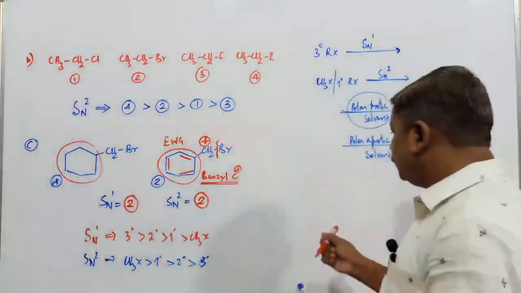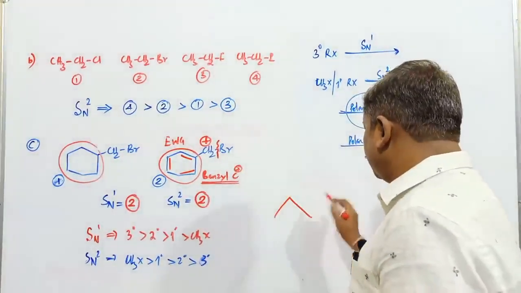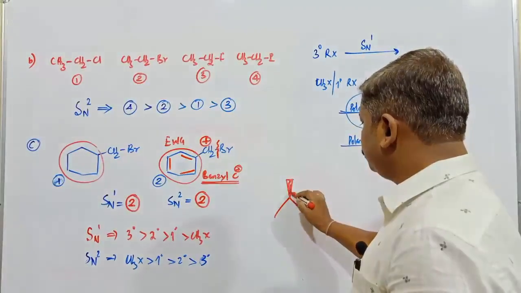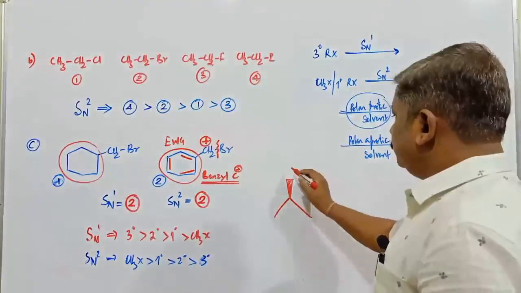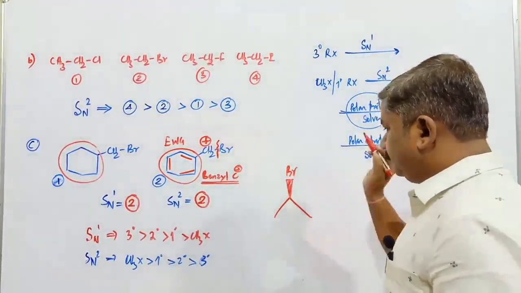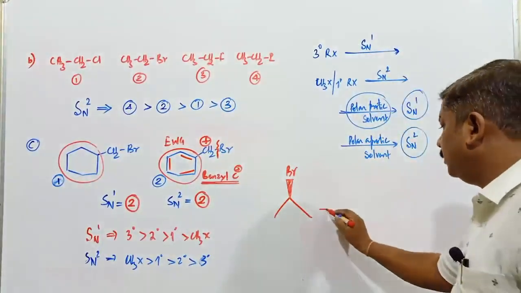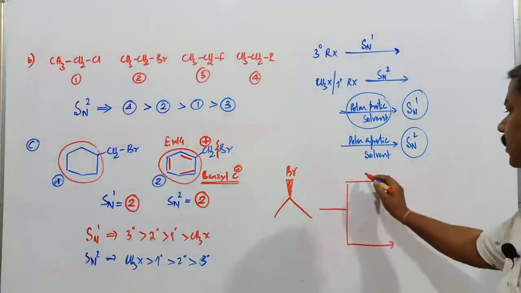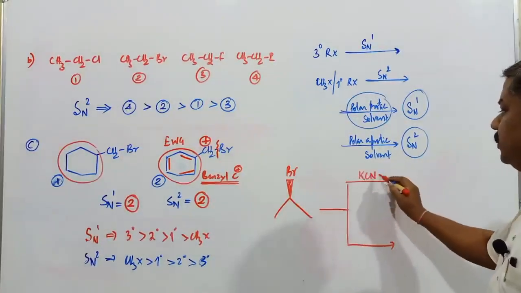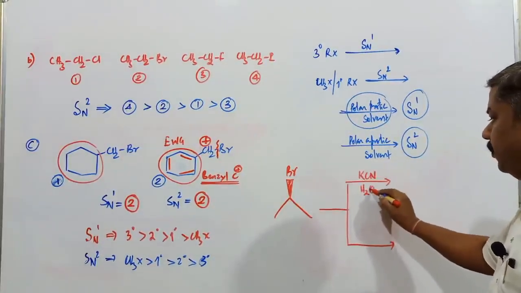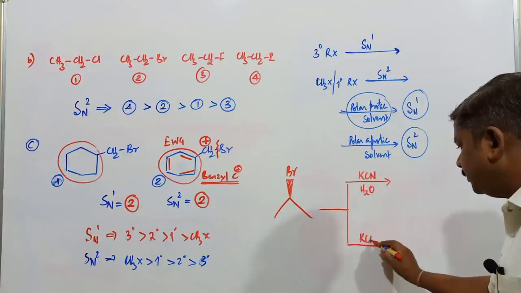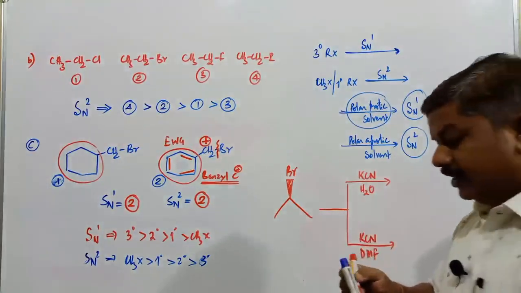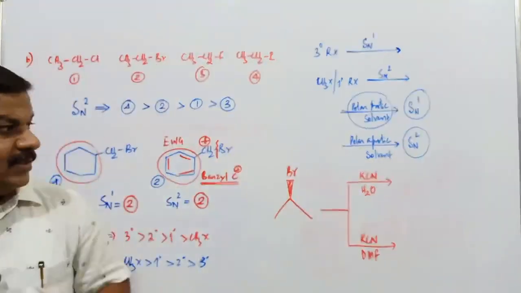If we go with one example, this is Br. If this reaction takes place with KCN, potassium cyanide, in presence of water, and potassium cyanide in presence of DMF, what is the nature of the product?